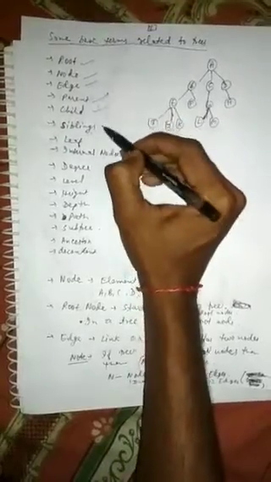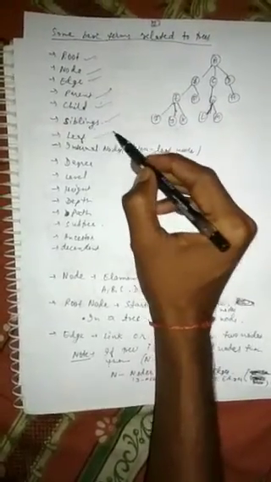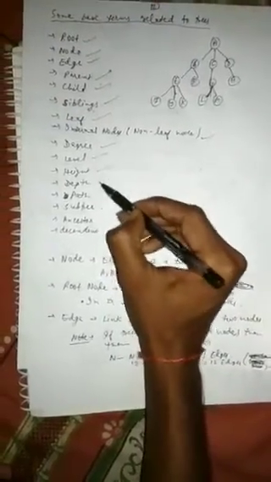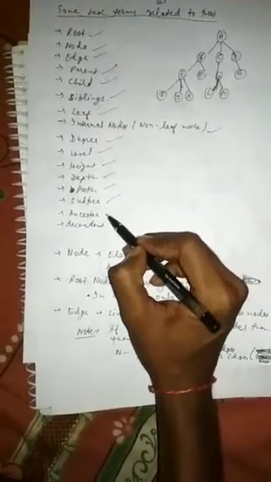Firstly node, then root, edge, parent, child, sibling, leaf, internal node, degree, level, height, depth, path, subtree, and lastly ancestor and descendant. One by one we can discuss.